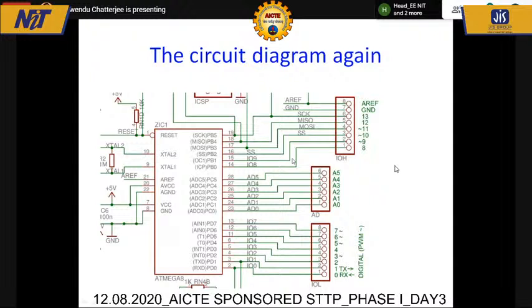Where is it connected on the Arduino board? This is ~9. This sign means this pin is PWM enabled. And this is pin number 9 marked on the board. I repeat, PB1 is connected to pin number 9 of the Arduino board.